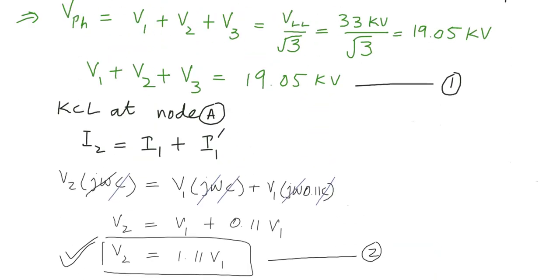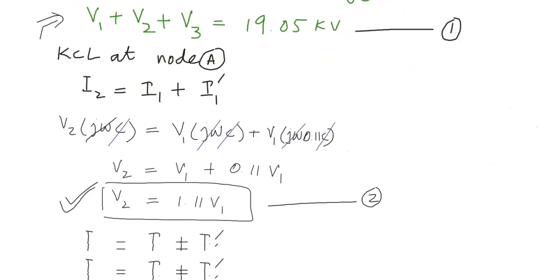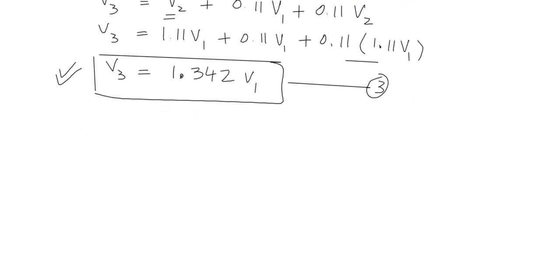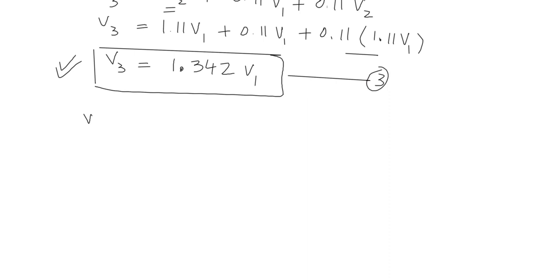If we plug these values into equation number 1, I will get the value of V1. So V1 plus V2 plus V3 is equal to 19.05 kilovolt. So V1, keep it as V1.